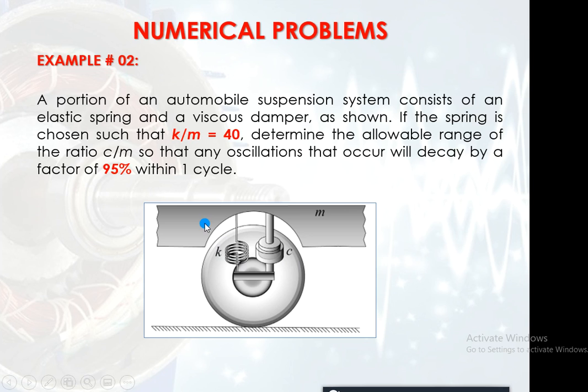So how do we decide the ratio of stiffness to mass, or coefficient of damping to mass? These are all design parameters. For example, how can we check what the ratio of K over M or C over M should be? That means the ratio of stiffness coefficient to mass or damping coefficient to mass.